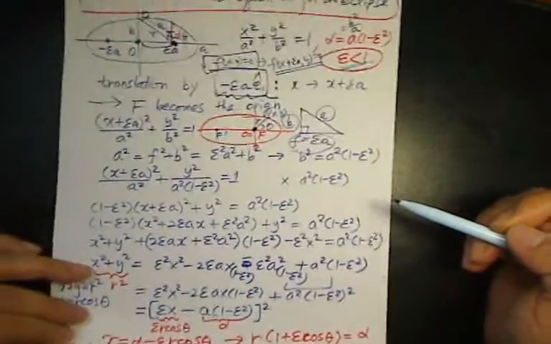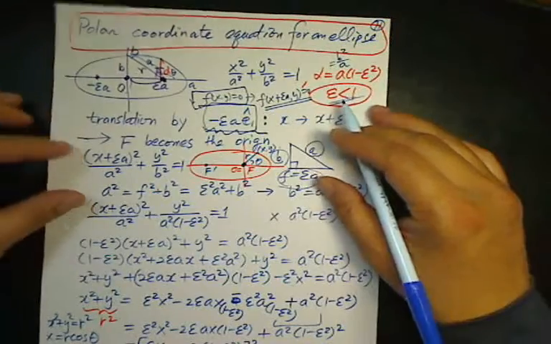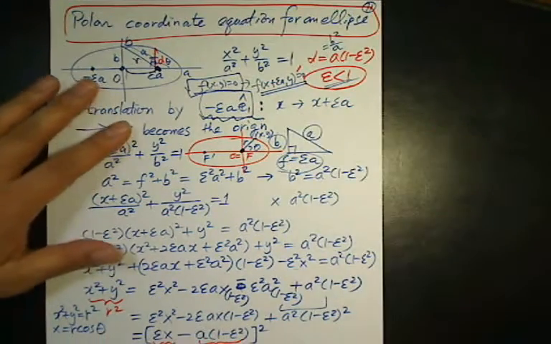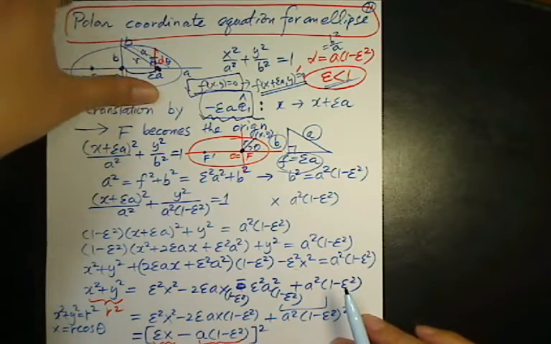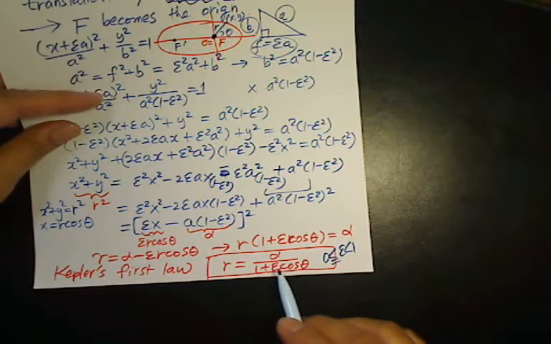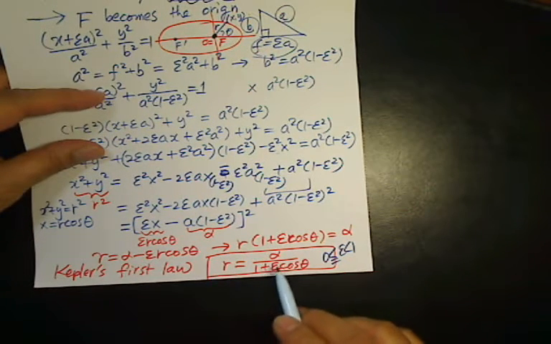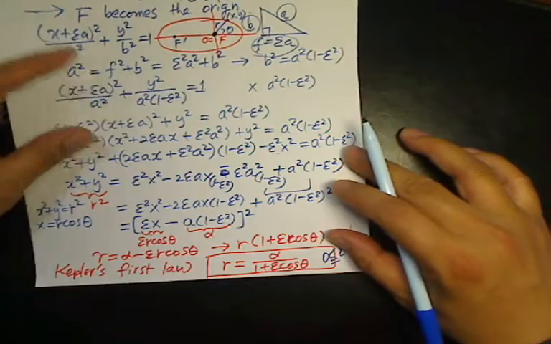Kepler's first law states that the orbit is an ellipse, but in the case of epsilon becoming 1, it should be a parabola. And when epsilon is greater than 1, this becomes a hyperbola.